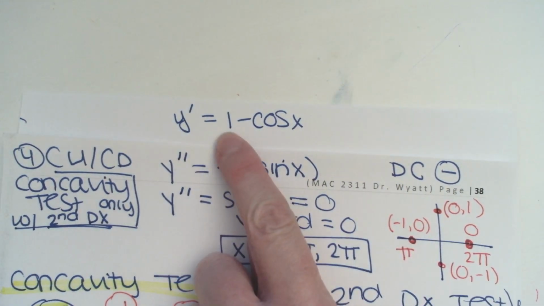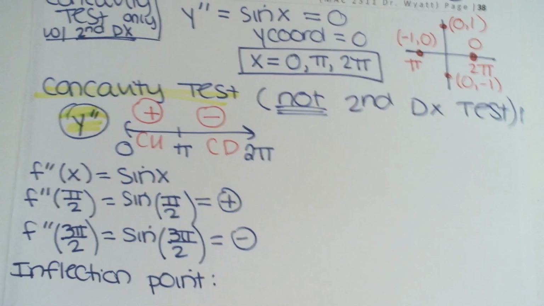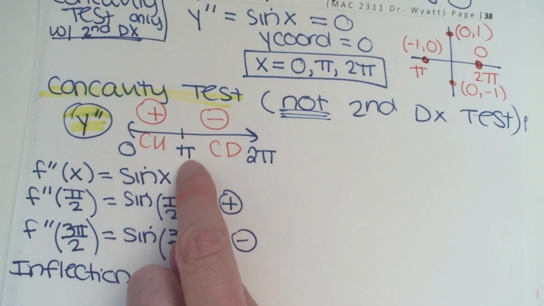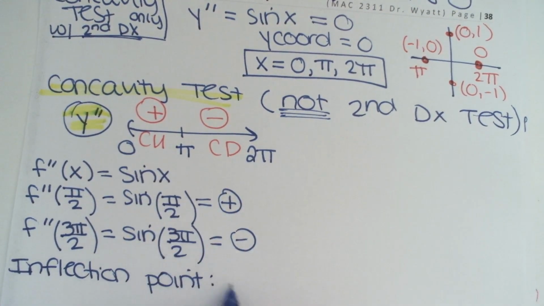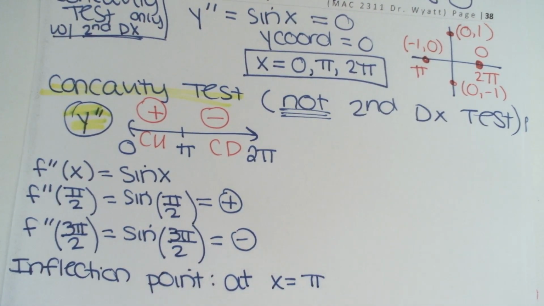And the first derivative is defined for all numbers. It's just a trig function, cosine's defined for all real numbers. So we're not concerned about whether the first derivative exists. The first derivative does exist. And then our switch in concavity is happening at pi. So there is an inflection point at x equal to pi because our first derivative exists, so we can talk about the second derivative, and there's a switch in concavity.